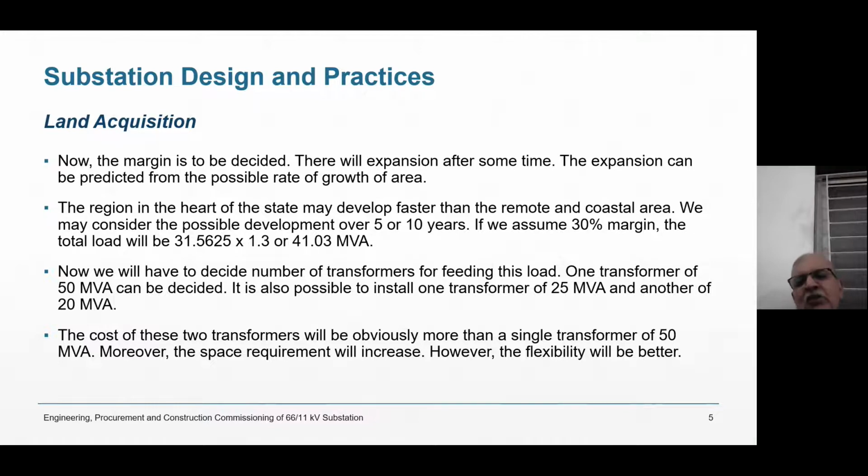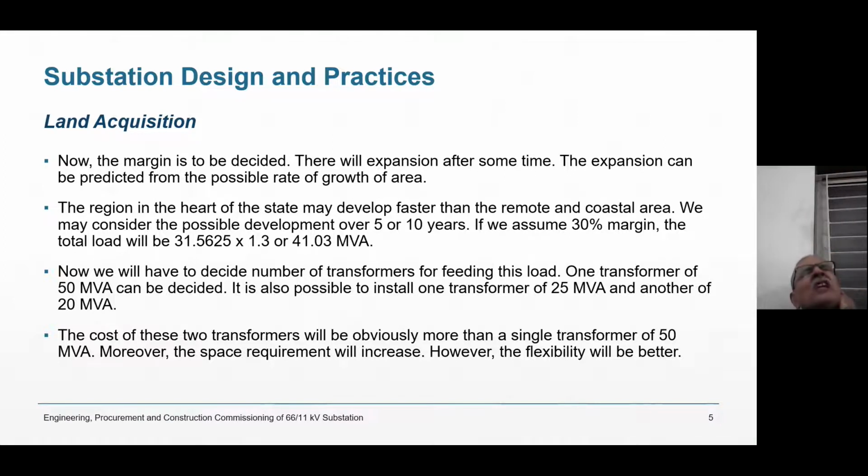Here I have assumed 1.3: 30% more load will develop after 2, 3 or 5 years. I have to plan today because on that day nobody will give me extra land nearby my substation. It's not possible. I have to buy today itself. So if I consider 1.3, my substation capacity comes to 41.03 MVA.